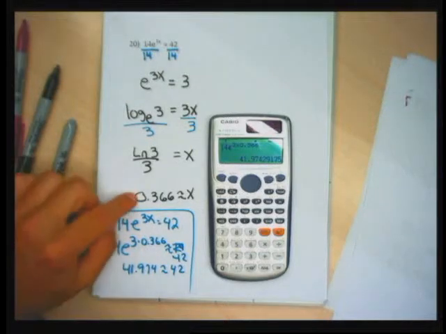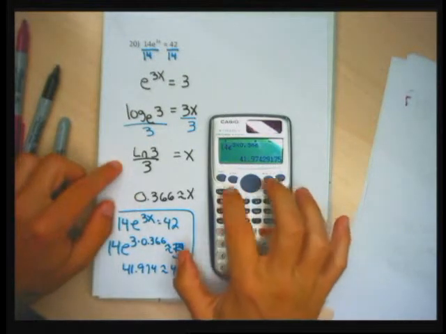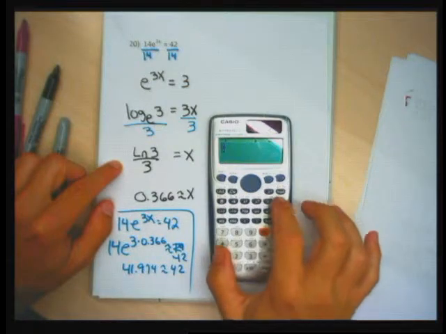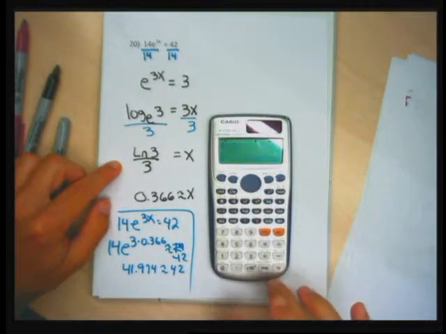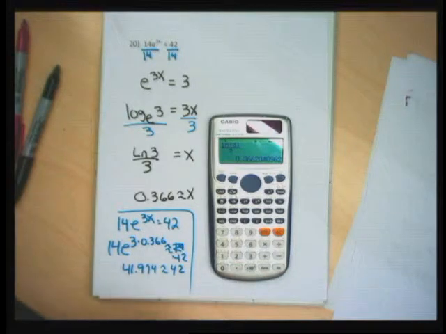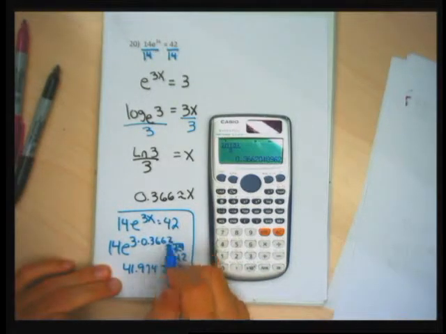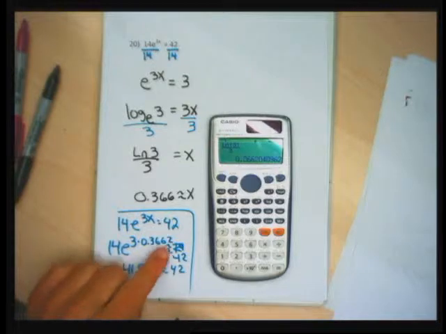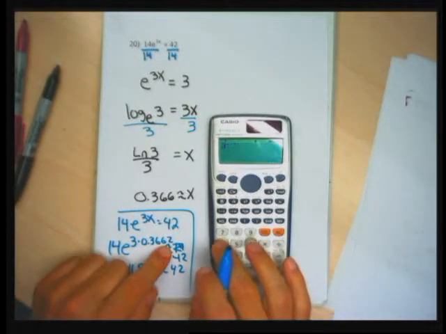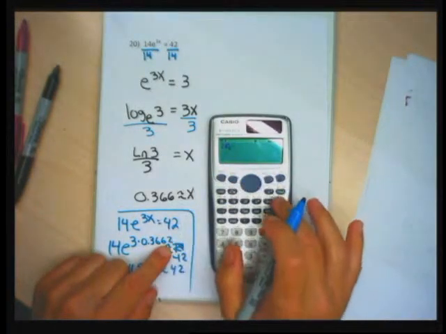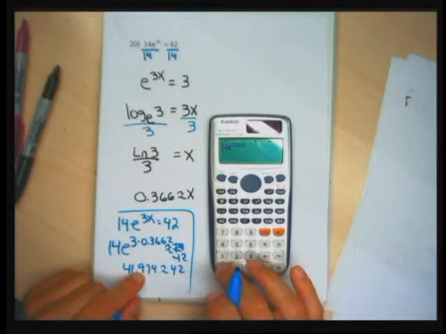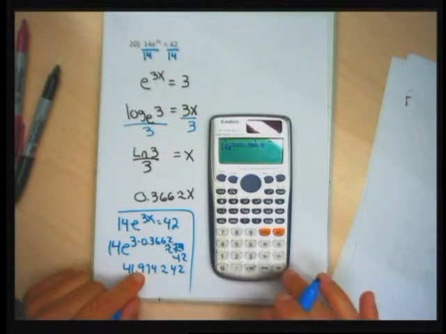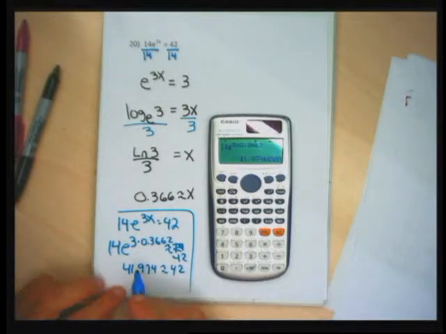If I would have carried more decimals, I'll show you. If I would have carried ln of 3 over 3 as 0.3662, even when I checked and carried an extra decimal, if I did 14 shift ln 3 times 0.3662, if I carried 4 decimals, look how much closer it is.